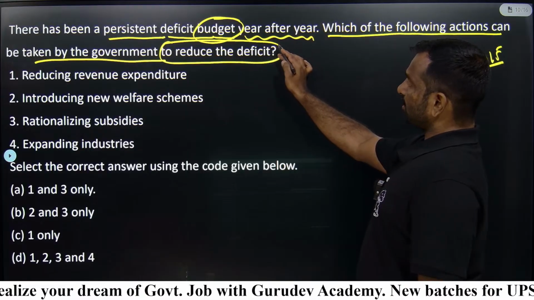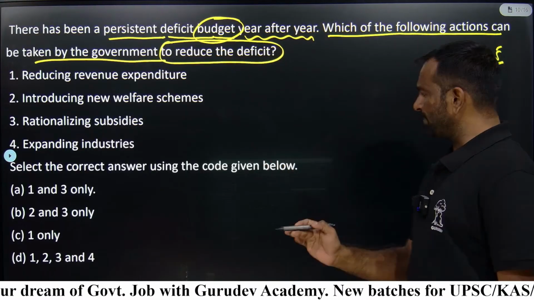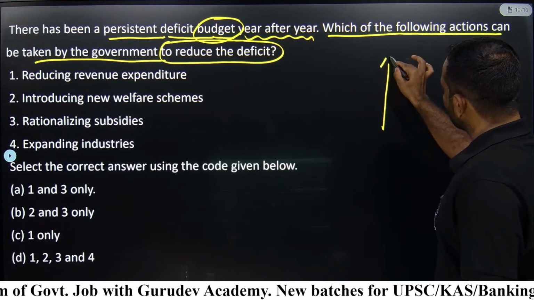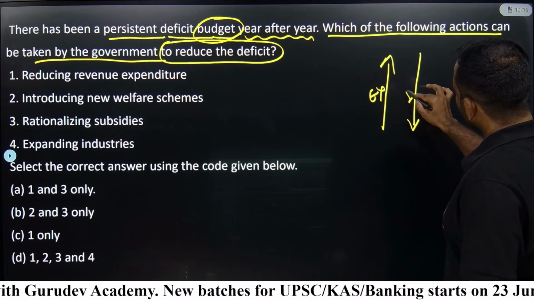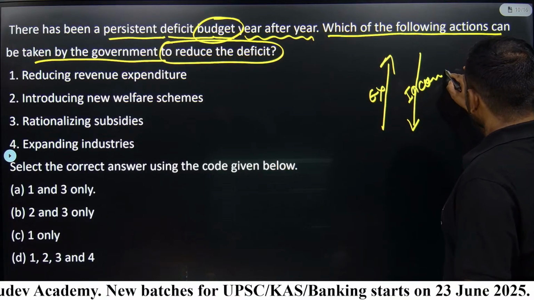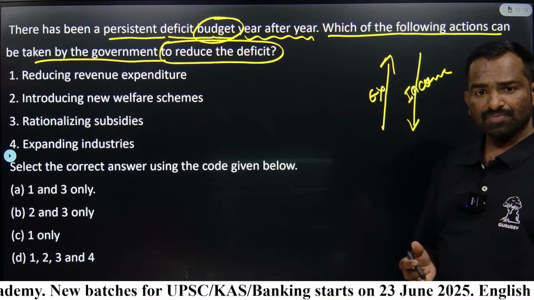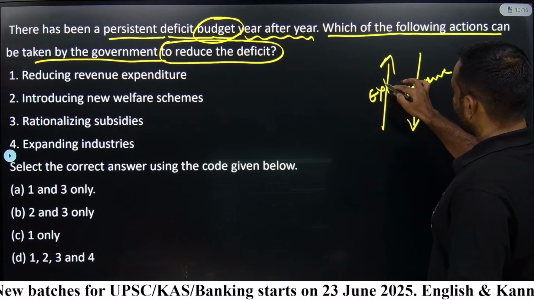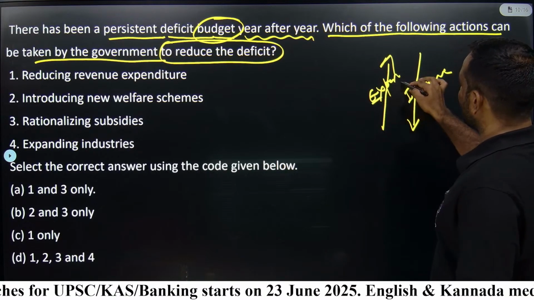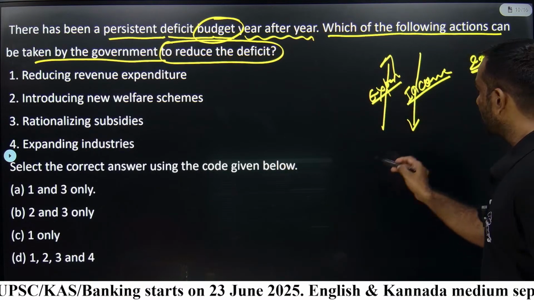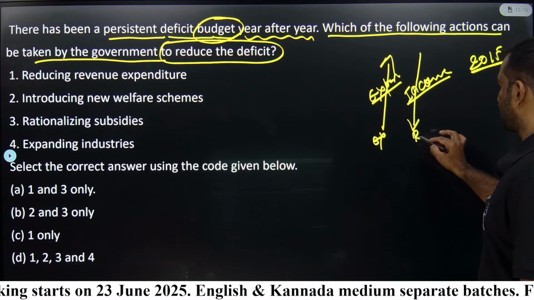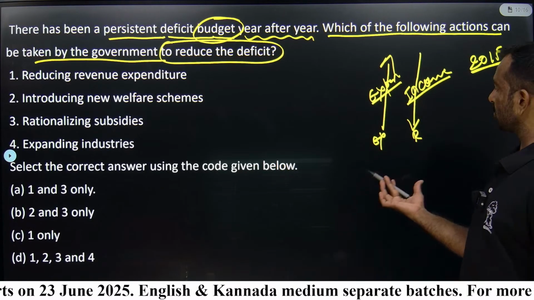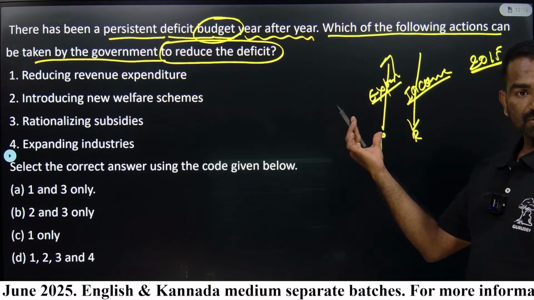What is the deficit? Deficit is nothing but where the expenditure exceeds the income. Wherever the expenditure is always higher than the income, or expenditures are higher than the receipts, this is known as the deficit.